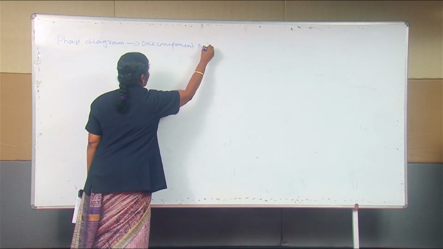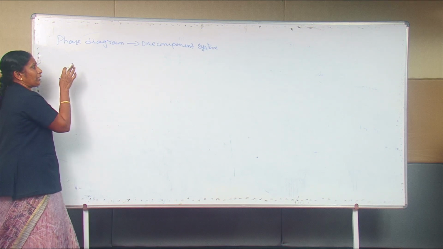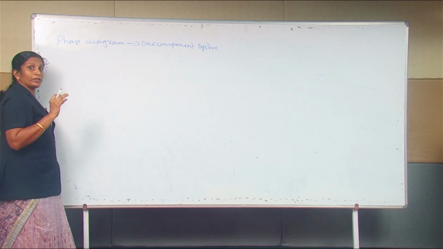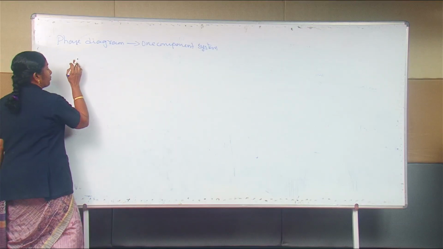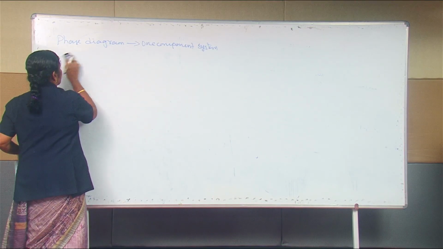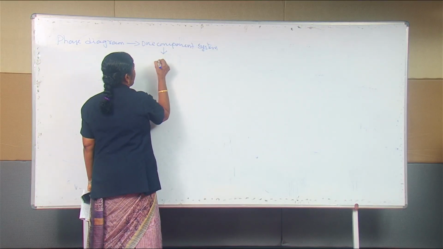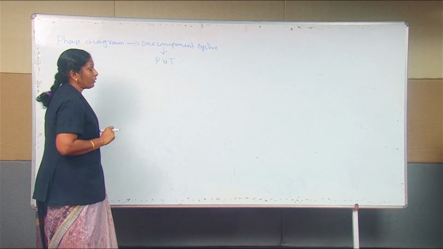One component system. What does phase diagram mean? If any two degrees of freedom are plotted against each other, it is called a phase diagram. For one component system, it is plotted between pressure versus temperature. Okay?